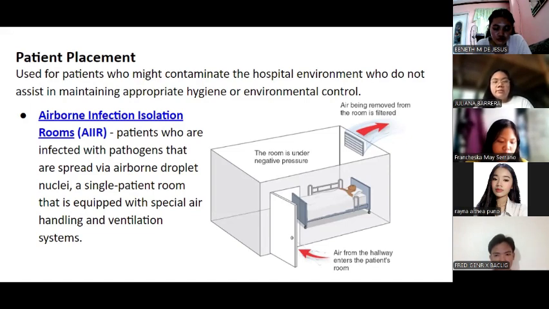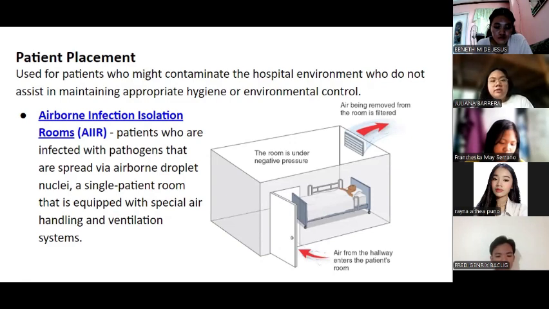So for the first type of patient placement, airborne infection isolation rooms or AIIR. This is the preferred placement for patients who are infected with pathogens that are spread via airborne droplet nuclei. They require AIIR. So an AIIR is a single patient room that is equipped with special air handling and ventilation systems.